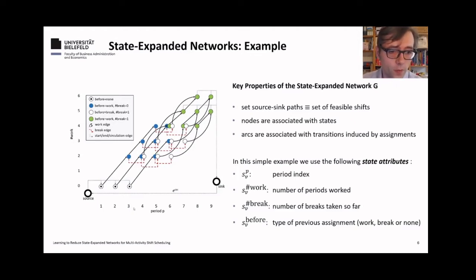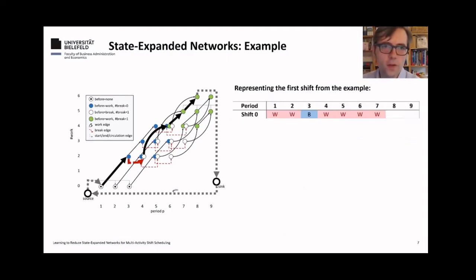The period index P, depicted here on the x-axis, the number of periods worked, which is depicted here on the y-axis, the number of breaks taken so far, and the type of the previous assignment, which are visualized using different types of nodes.